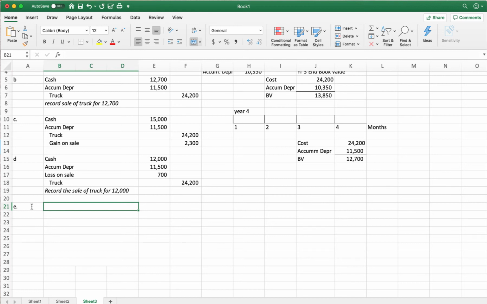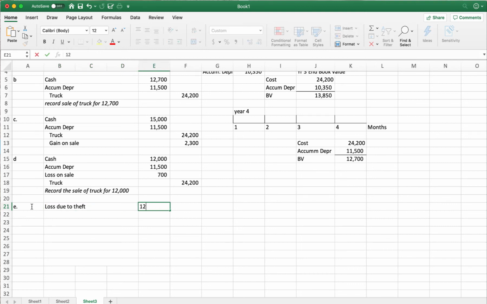So the first thing I need to recognize is, okay, what do I have? I'm not getting cash. So I have a loss due to theft. Or you could just say theft loss. That's fine too. How much? Well, it's the book value of the asset, $12,700. Got to get accumulated depreciation off the books, right? What's my accumulated depreciation?